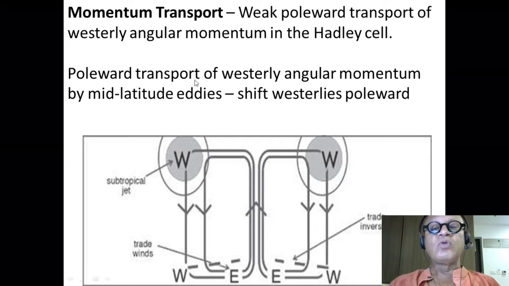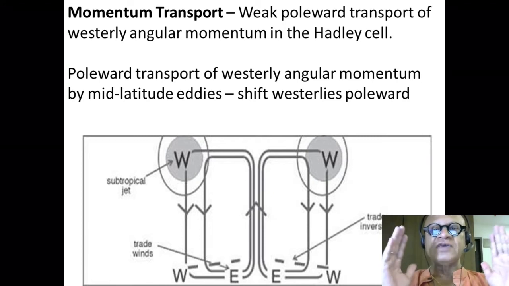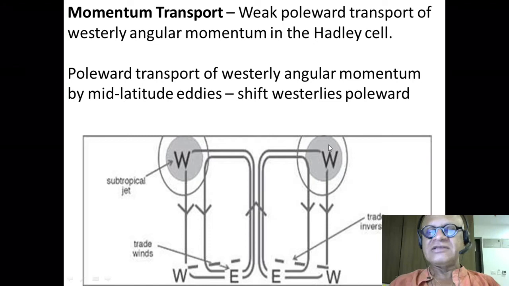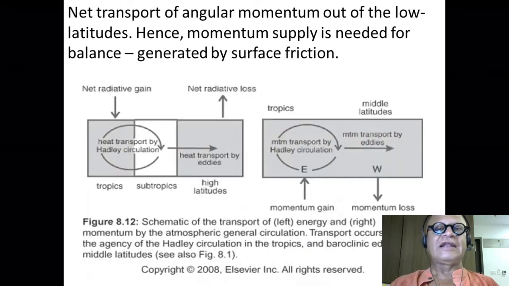So, poleward transport of westerly angular momentum by mid-latitude eddies shifts these westerly cores poleward. So they are not at the termination of the Hadley cell, but they are much poleward of it. Looking again, the net transport of angular momentum out of the low latitudes, and the momentum supply needed for balancing, is generated by the surface friction.